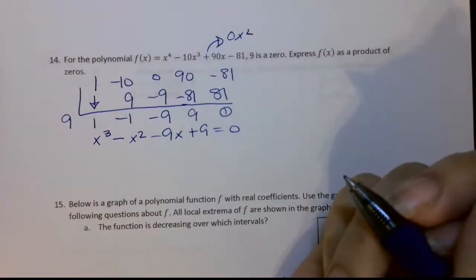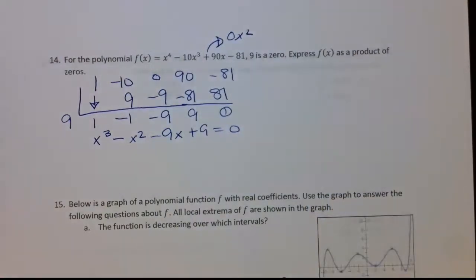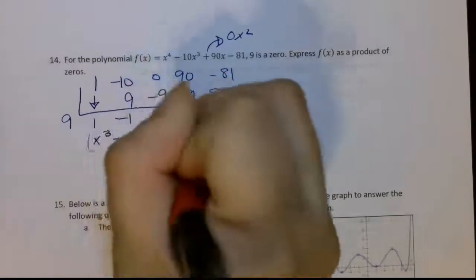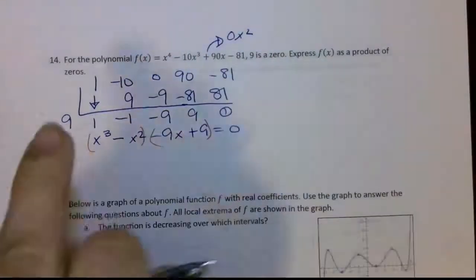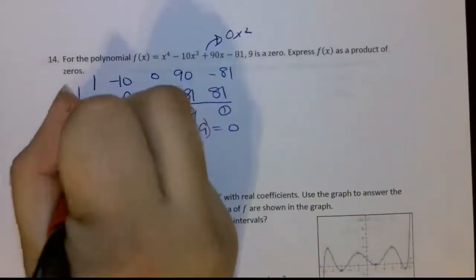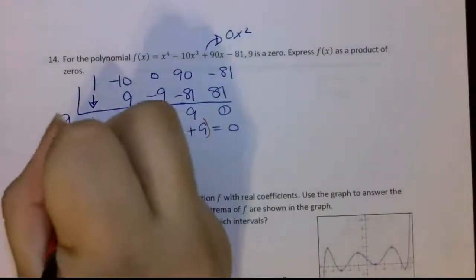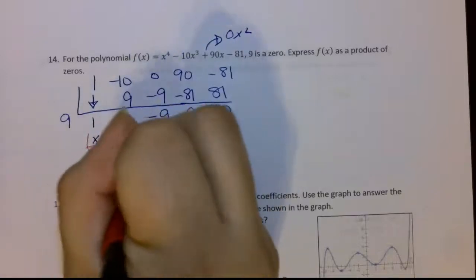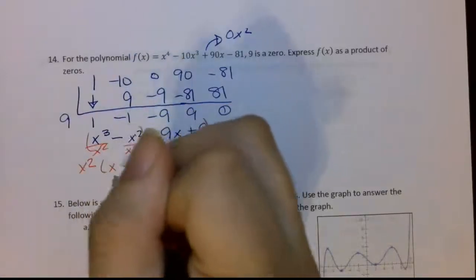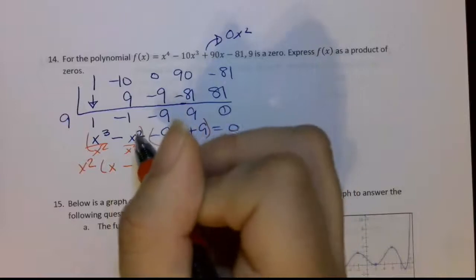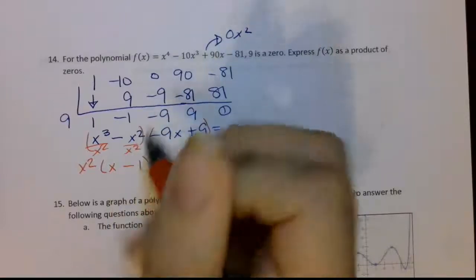Then I can factor by grouping. I split these into two groups. My first group can take out an x squared. I have x squared times x minus 1, because x cubed divided by x squared leaves me with 1x. Anything divided by itself results in 1.